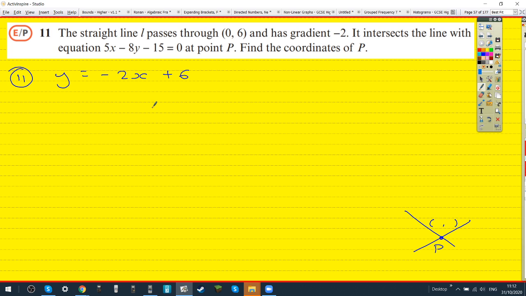Could you put it into the calculator? Wait, no, you can't. So we want to find out where they have the same x and y. At this point P, x and y are the same for both of these.